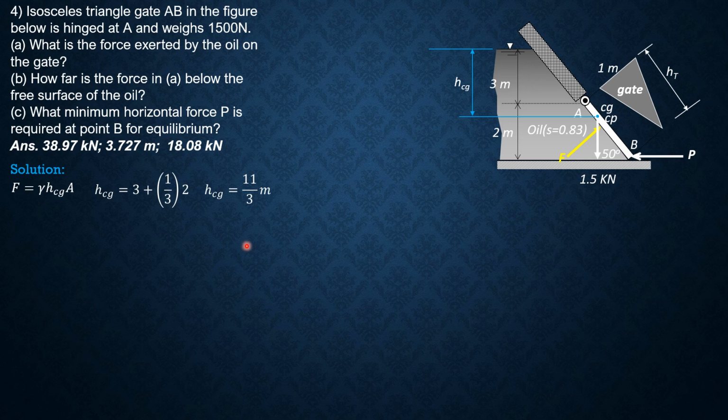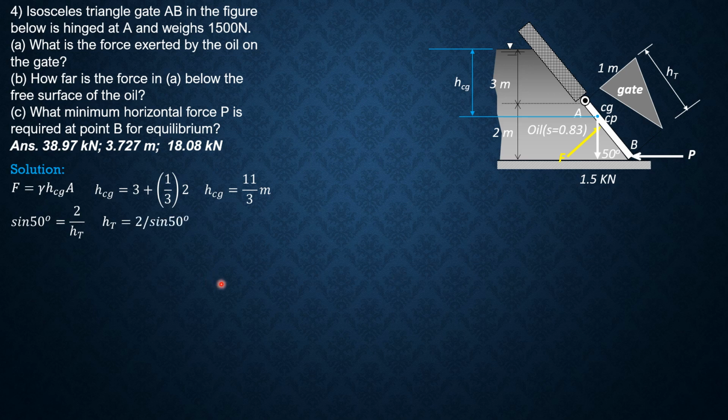That's H sub CG. Then for the height of the gate, we have here a right triangle. Sine of 50 degrees is opposite 2 meters divided by hypotenuse, which is the height of the gate H sub T. So sine 50 degrees equals 2 over H sub T. So H sub T is 2 over sine of 50 degrees.